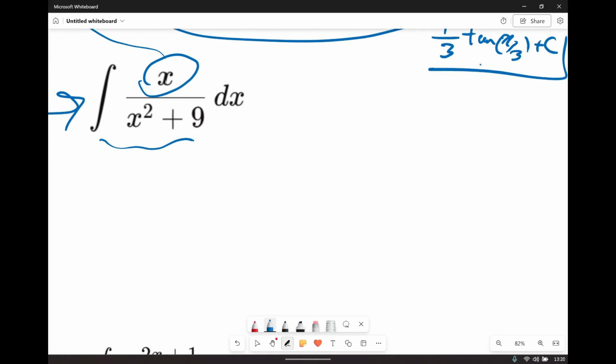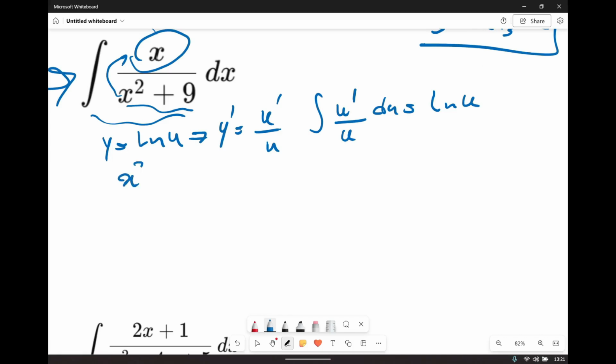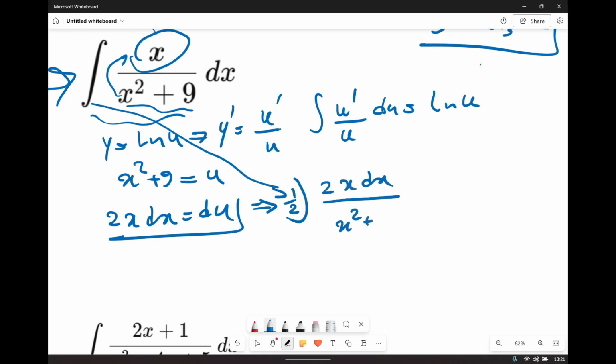In the previous session we talked about ln: if y is ln u, the derivative is exactly u prime divided by u. Yes? Okay, the integration of u prime over u du is exactly ln u, the initial form. It's so simple, we just put this part. If we put x power 2 plus 9 as u, then 2x dx equals du, and therefore I substitute here 1 over 2, 2x dx divided by x power 2 plus 9.